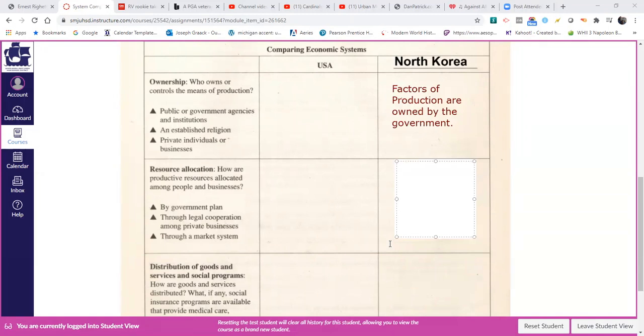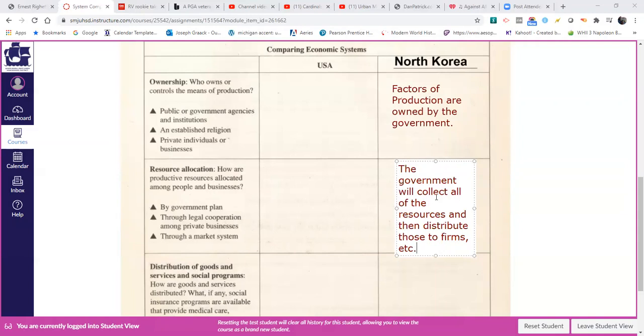By centralization. Yep, by centralization. So basically, the government will collect all of the resources and then distribute those to firms, businesses, people, whoever needs them. All right. The government's going to decide who gets what and basically how much of that they're going to get.